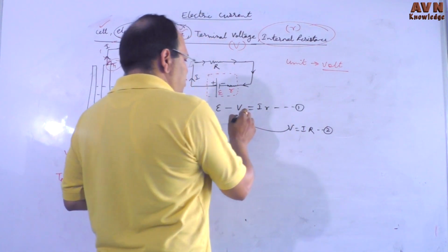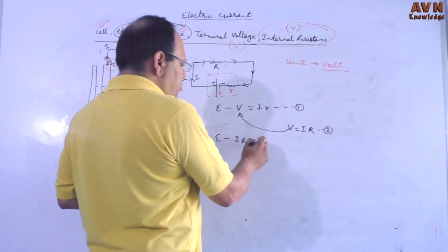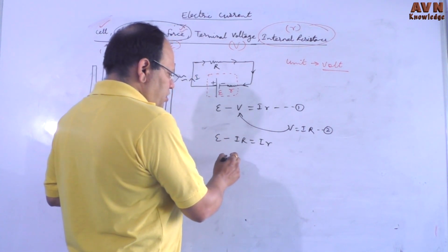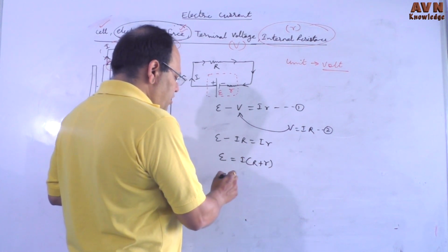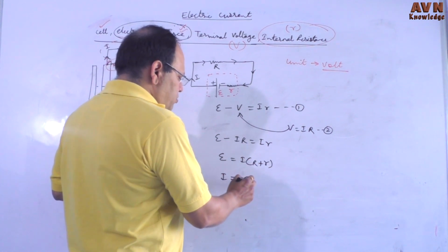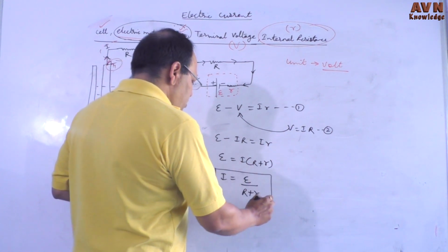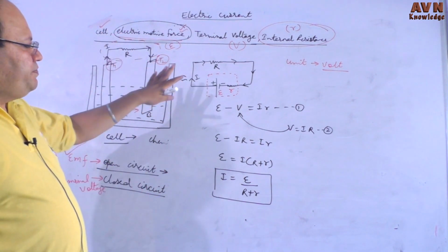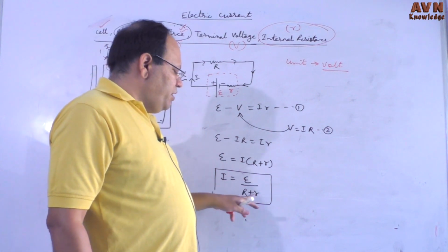Put the value of V in this equation: E minus IR equal to I into R. So E equal to IR plus Ir, so I equal to E upon R plus r. This is the current flowing in this cell: I equal to E upon R plus r.